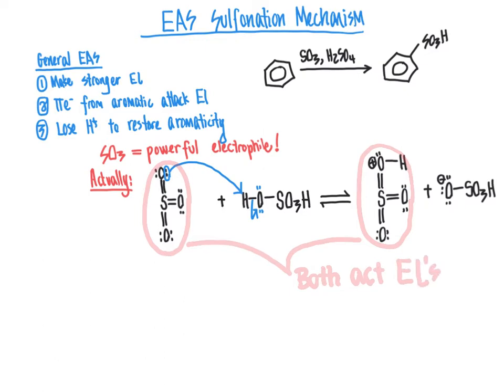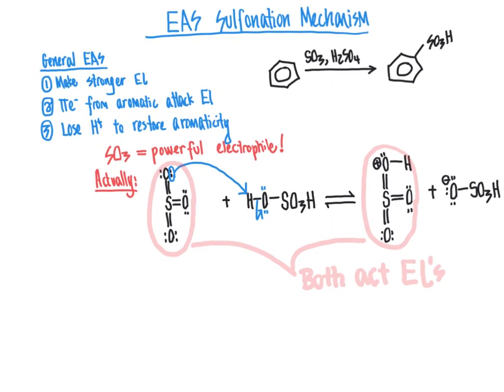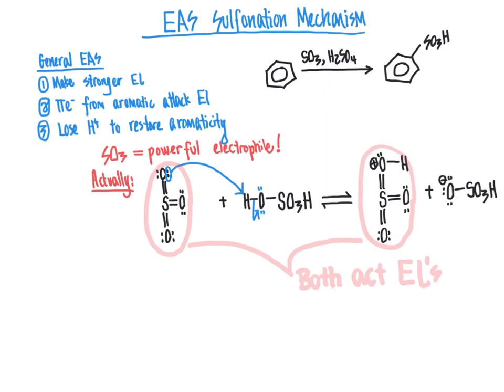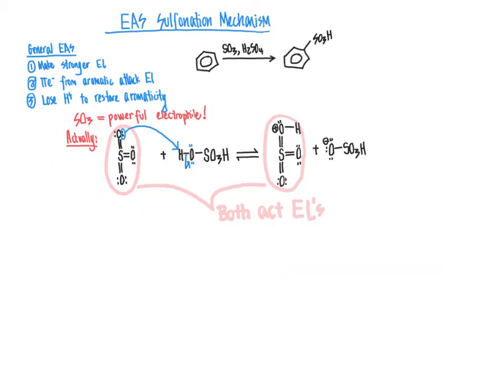And so let's zoom out a bit and take a look at the next steps of the mechanism. We're in this first step. We were showing that the SO3, when we mix it with sulfuric acid, is not present just as SO3, but it's also present as this other electrophile over here. But since SO3 is itself quite electrophilic, we can use either of these two as our electrophile in the upcoming steps.